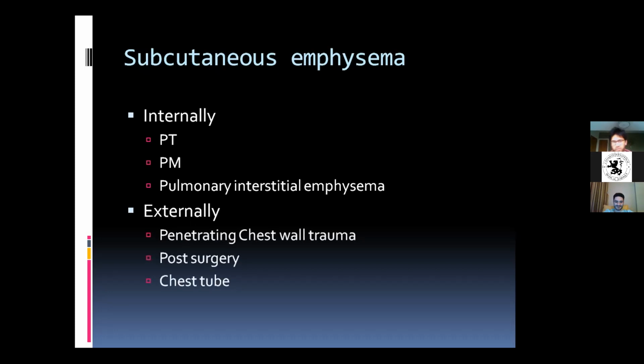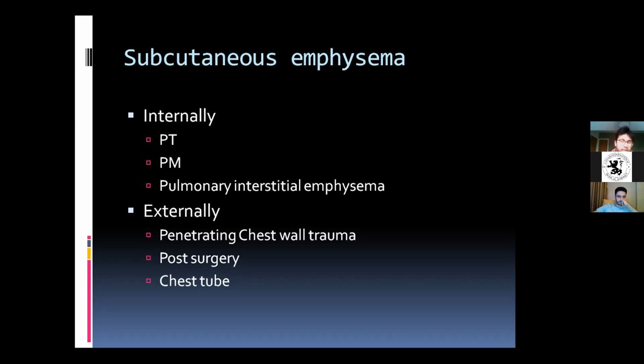Penetrating chest wall trauma, post-surgery, any kind of chest tube placement that you then take out, revealing the actual hole that's left over, and that can also cause subcutaneous emphysema if the air goes in between. And finally, this is quite rare. It usually presents not over the chest, but rather over the legs and over the abdominal wall itself.